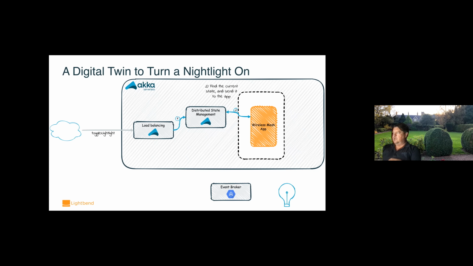This wirelessmesh app, I wrote it in Java, but it interfaces with the main line of the system using gRPC and Protobuf. So your code is dealing with the current state, handling commands to do something, like toggle a Nightlight, like add a customer location, and deciding whether it's a valid request or not. And if it is, it's going to create the event, and it's going to toggle Nightlight, things like that.